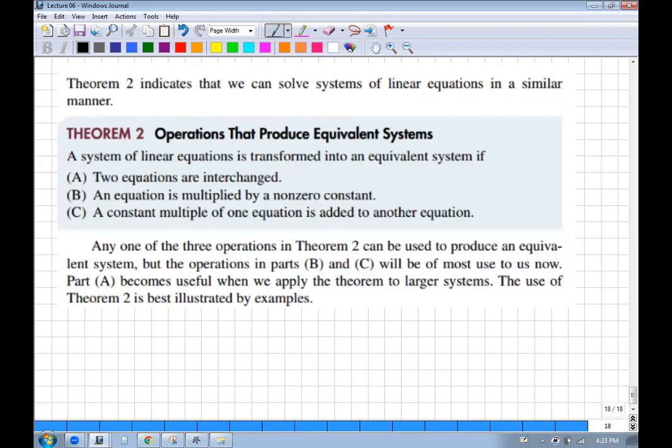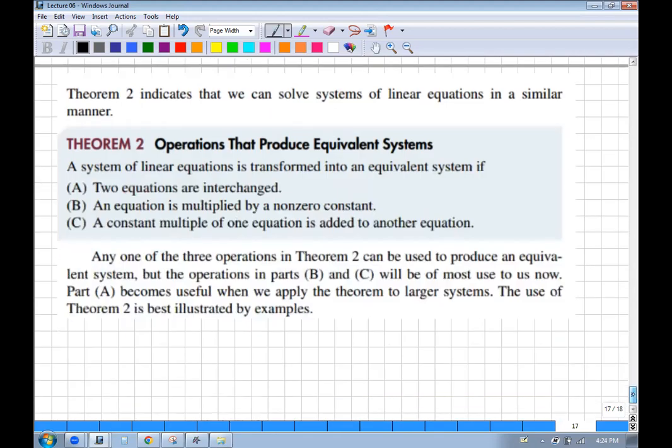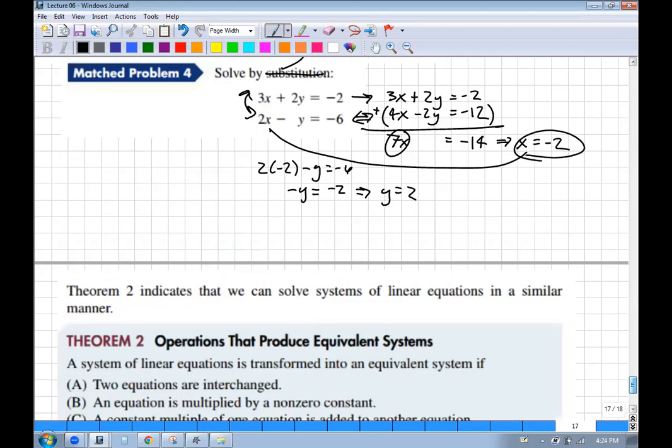So a system of linear equations is transformed into an equivalent system if two equations are interchanged. Okay, I can switch these. Okay, fine. It's still the same system. An equation is multiplied by a non-zero constant. Okay, right here, I multiplied everything by 2.